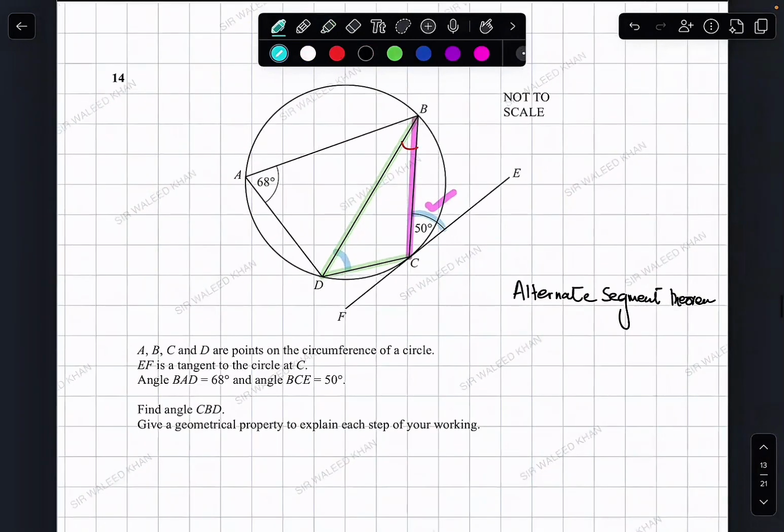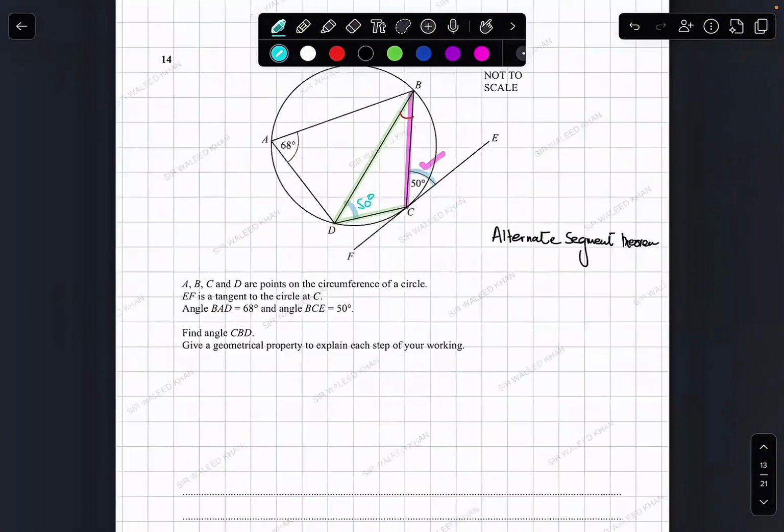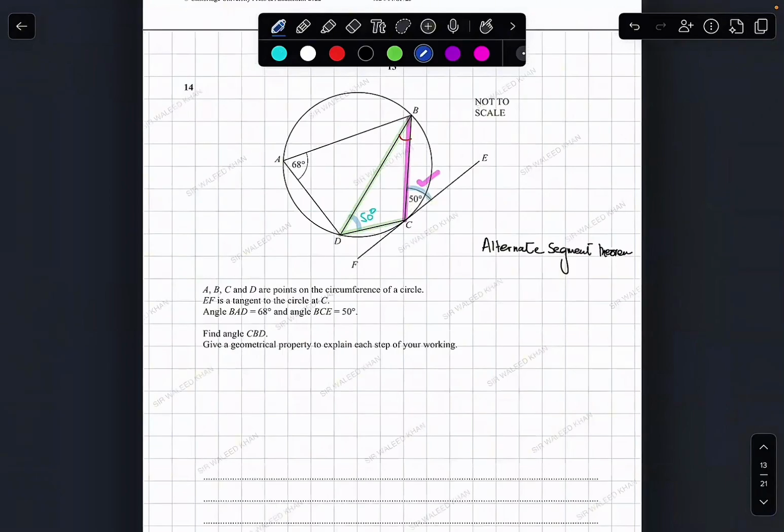Is that clear? Okay. So this will be also 50. So I'm going to write CDB is equal to 50 because of alternate segment.